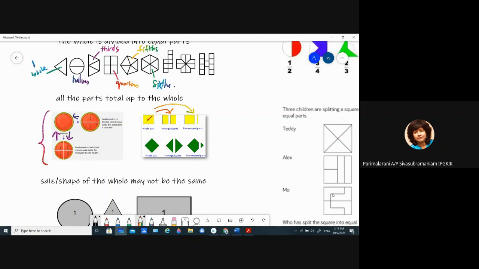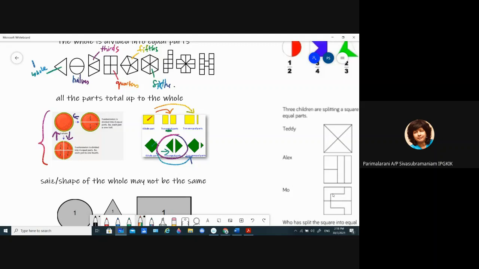So for you to say fraction, the whole must be divided into equal parts. Here we must stress the word equal. In the green picture here, we can divide it into two equal parts, or into two unequal parts. The equal parts are known as the fractions.